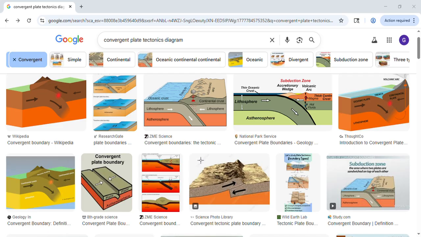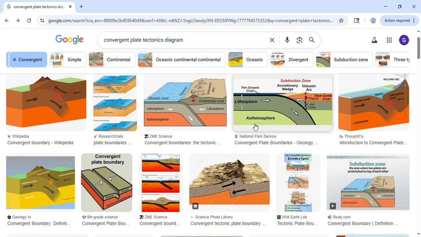These plates float on a semi-fluid jelly-like layer called the asthenosphere. So this is the layer of asthenosphere.